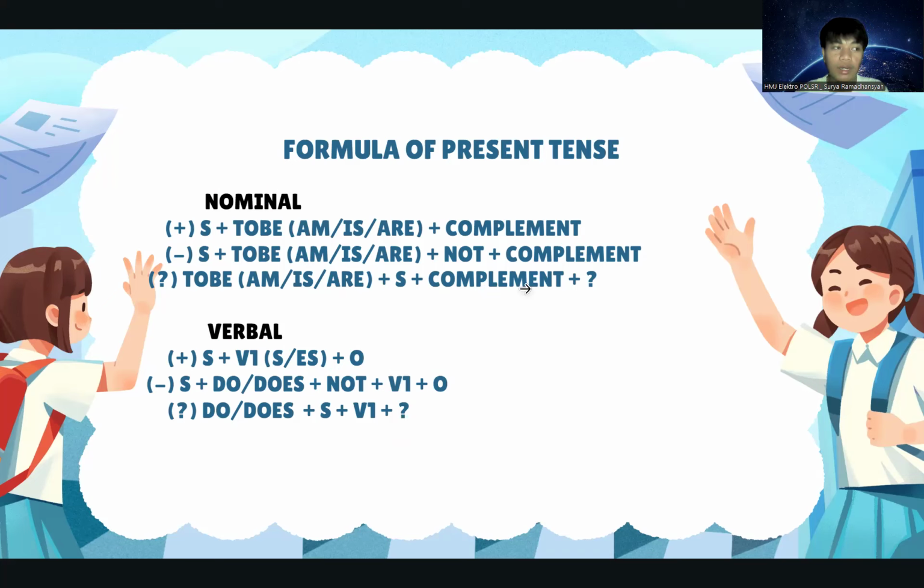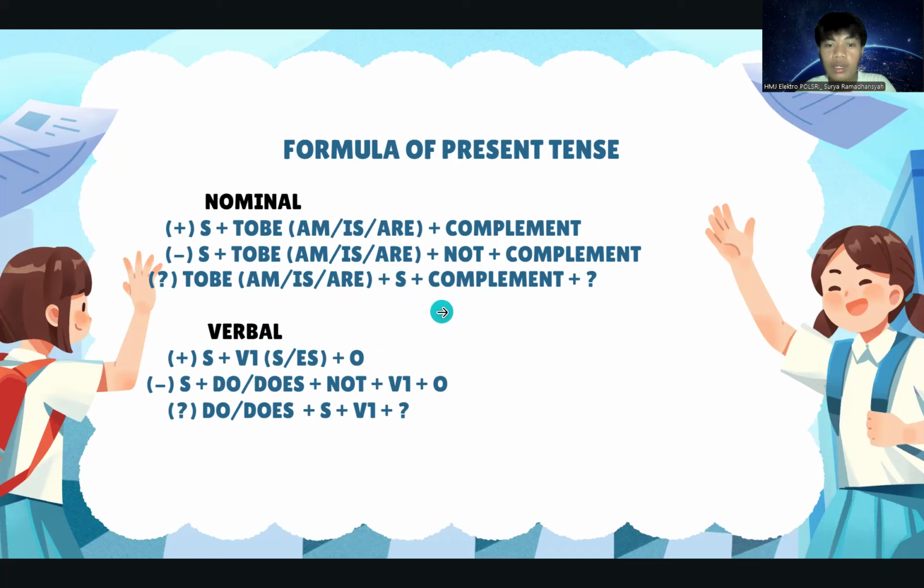The example of single subject is she, he, it. We use that s and es. We add s or es to the verb. Seperti itu. So, when will we use the s or es?